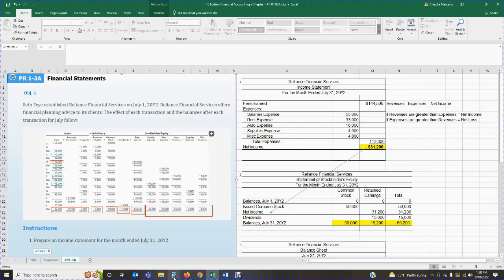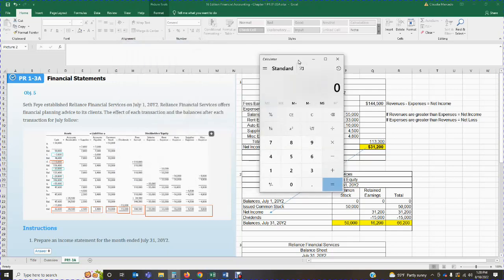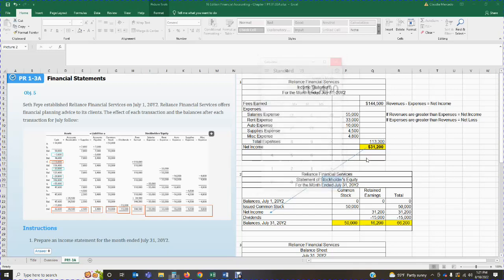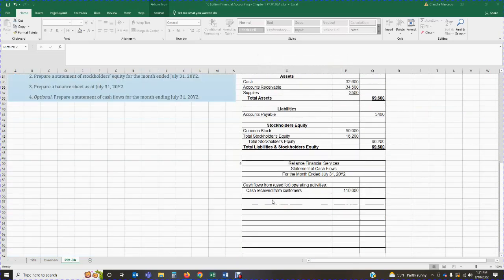So we're going to add those numbers up. We've got $3,600 that we paid our creditor, $33,000 that we paid for rent, $20,800 that we paid for auto expense and miscellaneous expense, and $55,000 that we paid for salaries. Let me do the math again: 3,600 plus 33,000 plus 20,800 plus 55,000 gives $112,400. That is cash paid for expenses and to creditors.